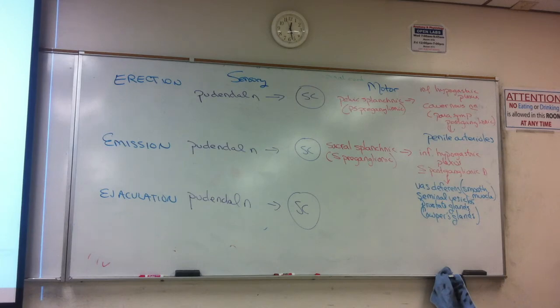So, emission is pudendal nerve to sacral splanchnic, which is at the lumbar spinal cord. The preganglionic neurons forming the sacral splanchnic come into the hypogastric plexus. Postganglionic neurons from the inferior hypogastric plexus then go to the vas deferens and all the glands, and sperm and secretory fluids move into the urethra.